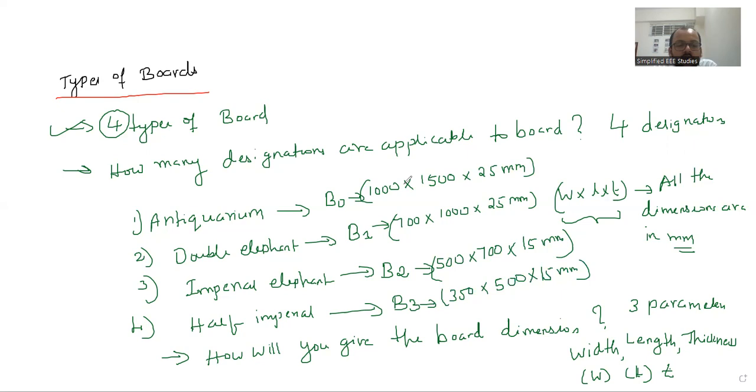The thickness of half imperial type board is dash, 15 millimeter. Or they may ask the thickness of half imperial and imperial type board is dash; you can directly say 15 millimeter. These are the different parameters you have to remember for the exam. Let us continue the further discussion.